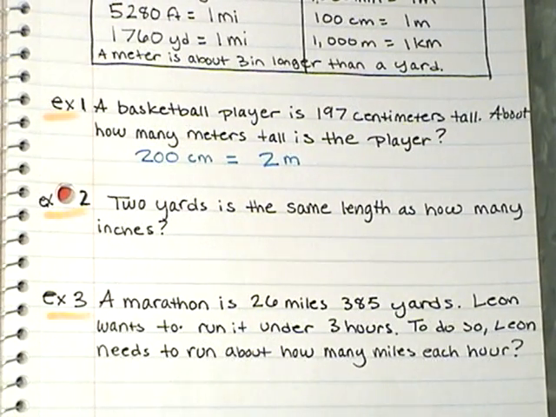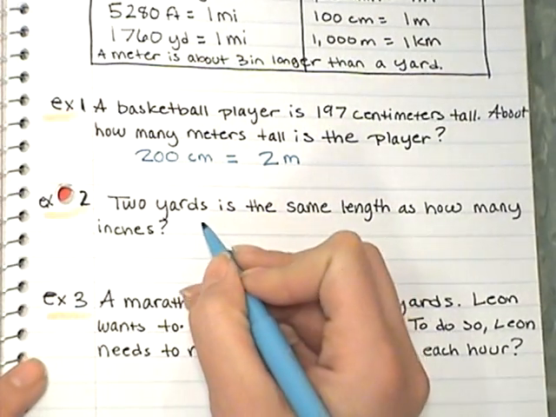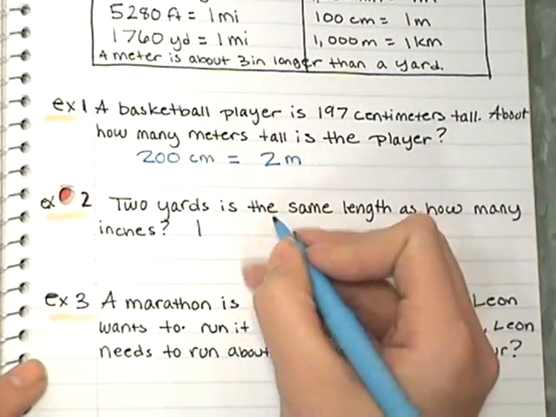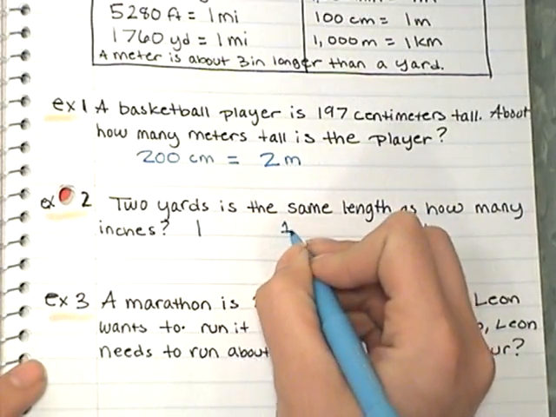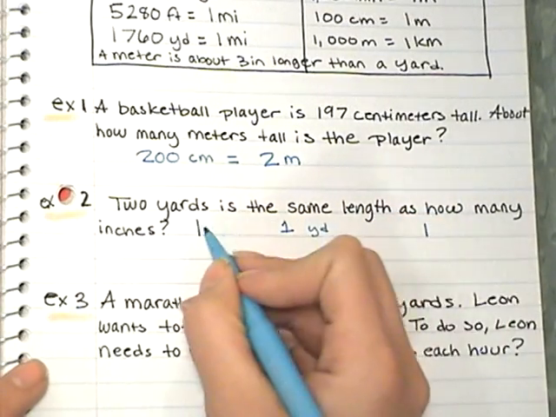2 yards is the same length as how many inches? Now, in this problem, we're going to have to convert twice. So, go ahead and look at your chart. And I always remember that in 1 yard I have 3 feet. So I'm just going to draw something like this. I'm going to put 1 yard.